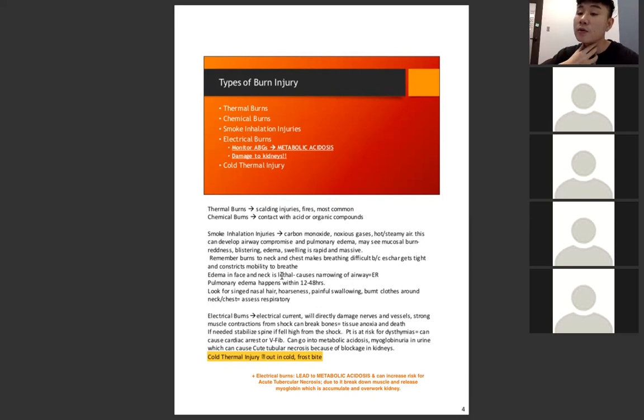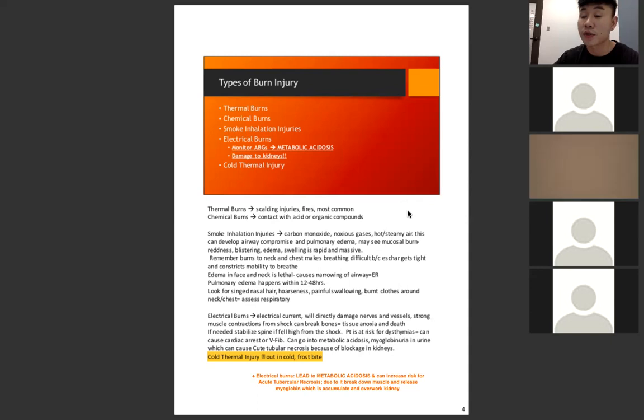When there's no life in the tissue anymore, the eschar becomes very tight and rigid. There's no more constriction or dilation or contraction of the muscle, and therefore, a burn at the neck area can lead to difficulty breathing and also airway obstruction, which is really dangerous.